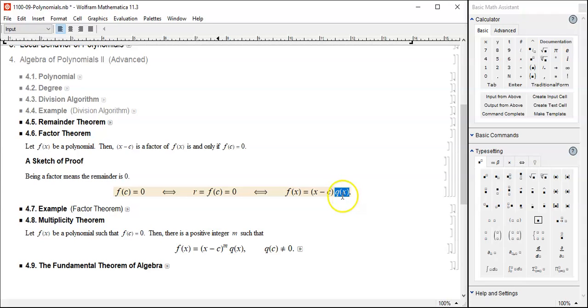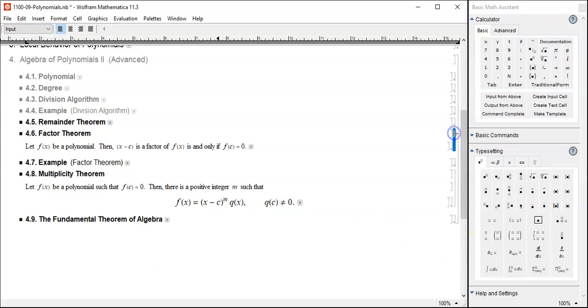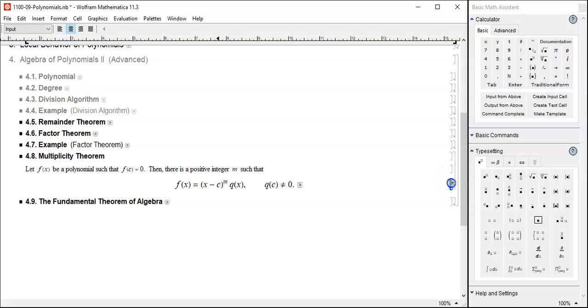The multiplicity theorem says if q of x has any x minus c factor there, then keep getting it out until you completely run out of x minus c factors, and then in the end, q of c should be non-zero. So that's the multiplicity theorem. How do you prove it? Actually, it's a repeated use of the factor theorem.